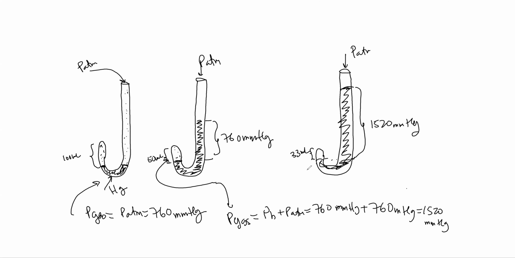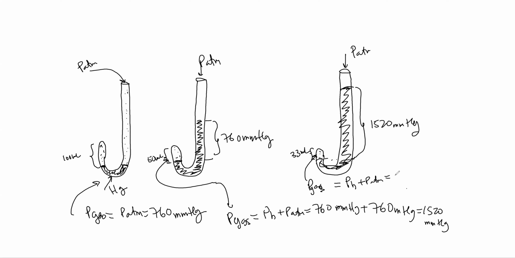Now the gas that he measured was 33 ml. And so with this experiment, let me just put down the pressure. There's a gas in here now captured. So the P of the gas is equal to the P due to the height plus the P due to the atmospheric pressure.